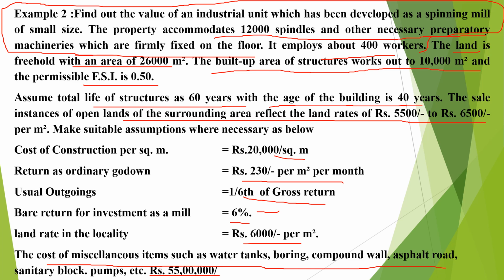The only thing is that machineries are firmly fixed to the ground. They cannot be removed. Second thing given to you is that the total area of the land is 26,000 square meters. Out of this 26,000 square meter of the land, a building of 10,000 square meter has been constructed.